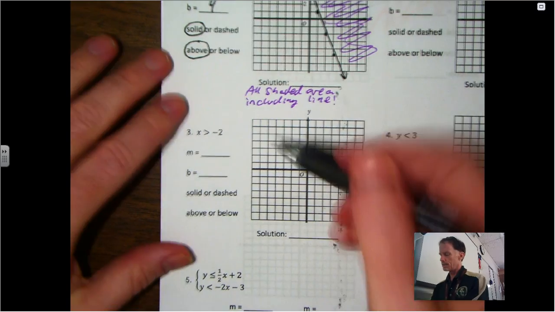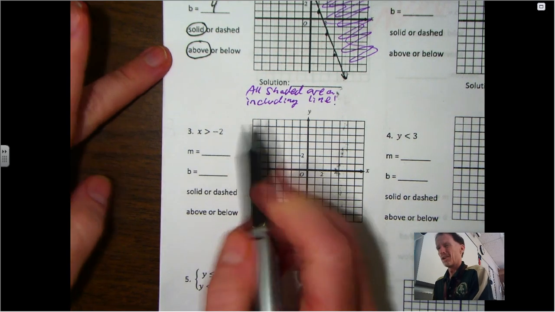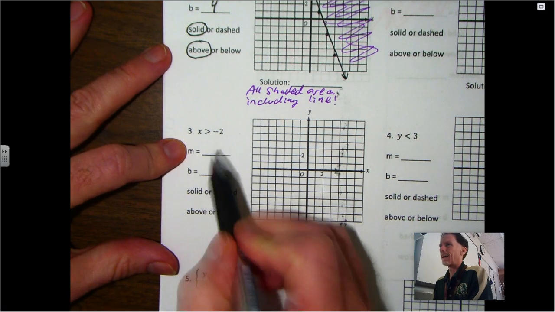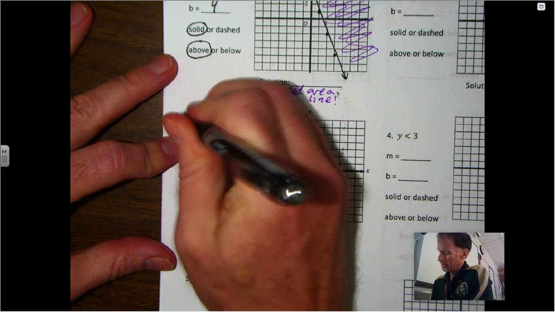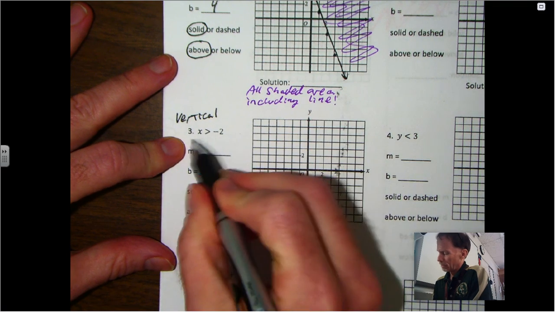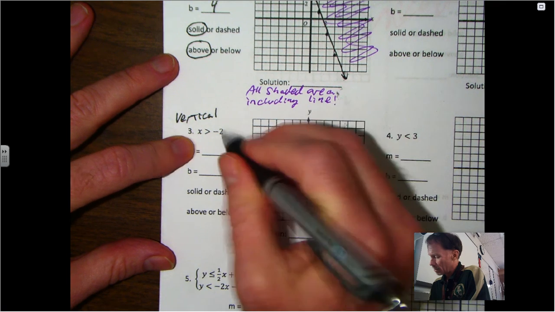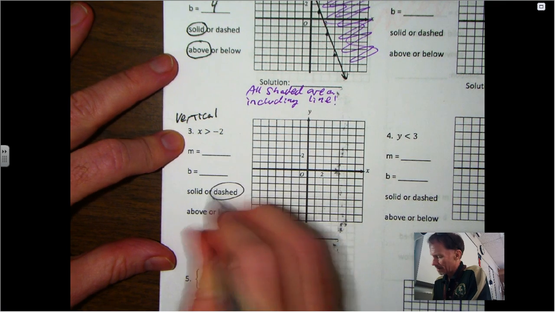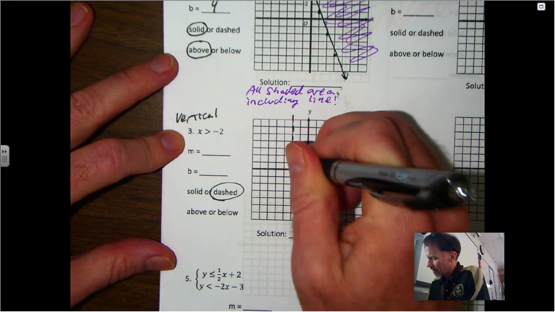Let's talk about a couple special cases that you had from algebra. If you remember, if you just have an x, think to yourself real quick, if it's just x and a number, what kind of line is that? And hopefully you said that's the vertical line. So we're going to do a vertical line at -2, so 2 over. And again, notice this is now going to be a dotted line or a dashed line. So at -2, do a dotted line.